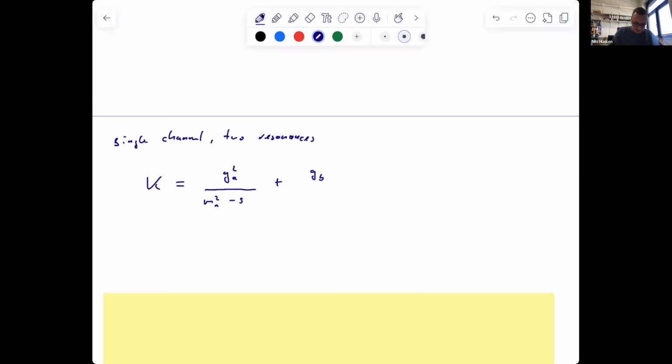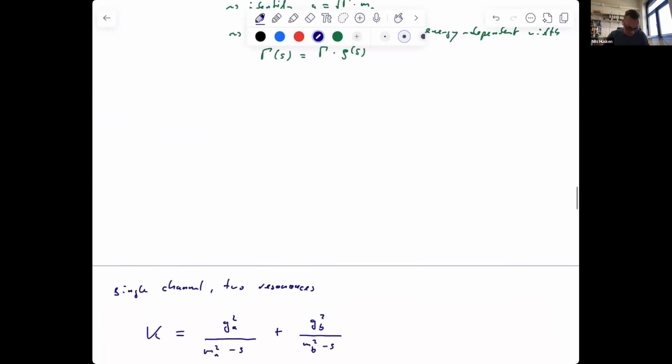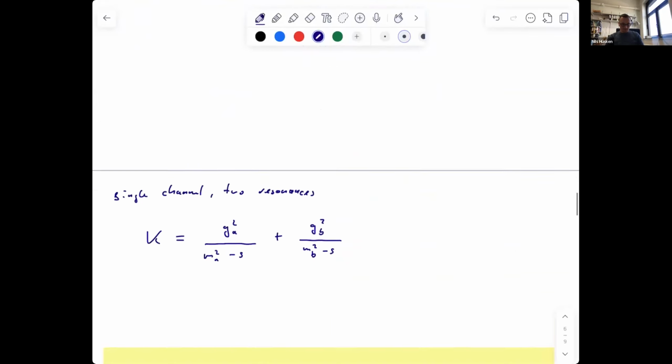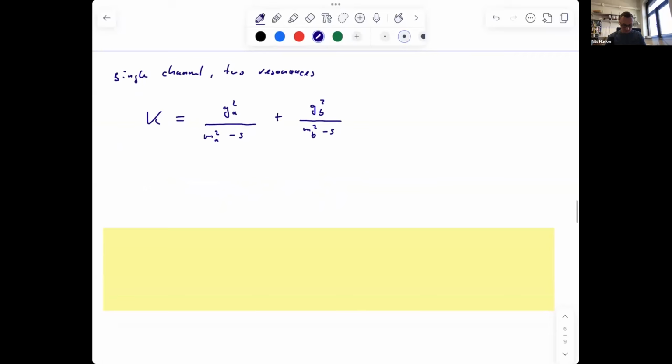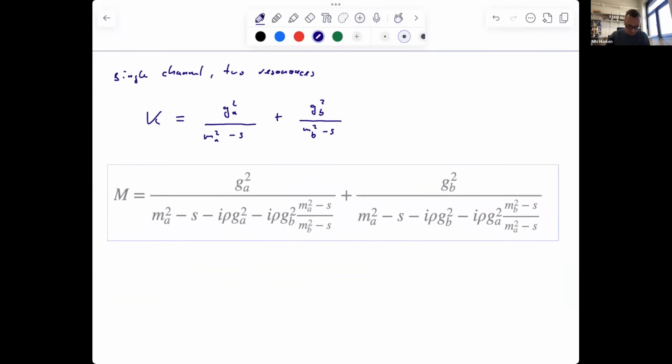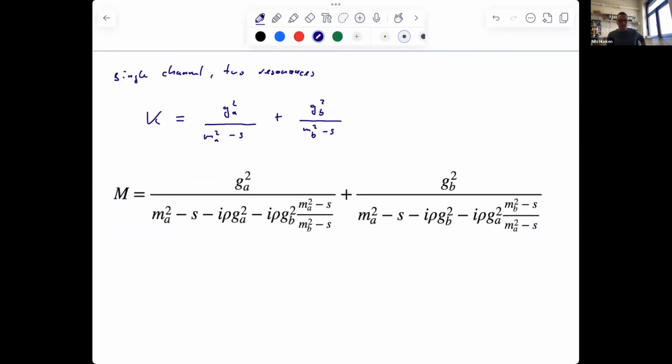And then we add a second pole B. And that's all. And now we go ahead, insert that into this equation for M again, multiply everything out. I've now checked this before so that I don't have to do this in handwriting. And so what we get is this equation here.